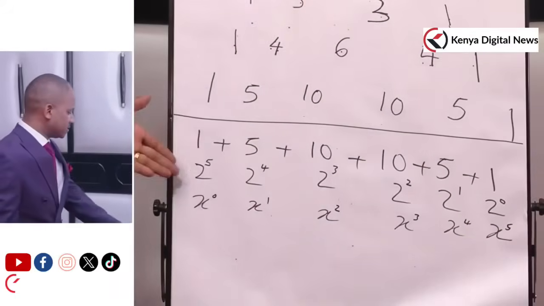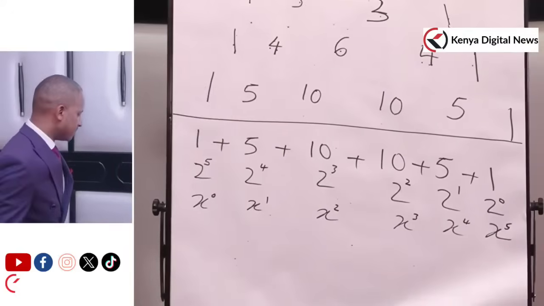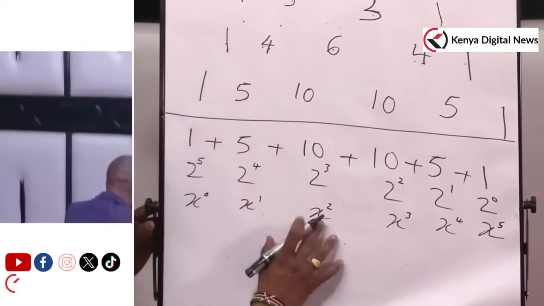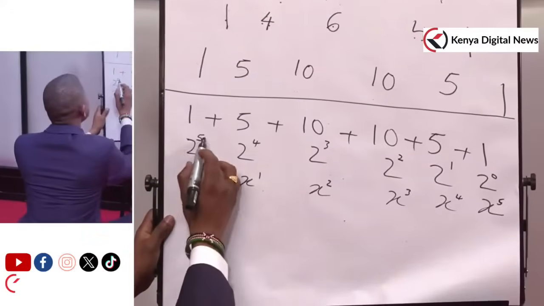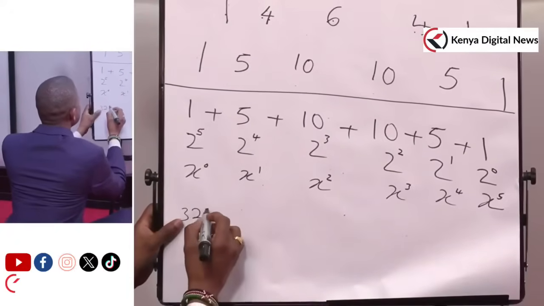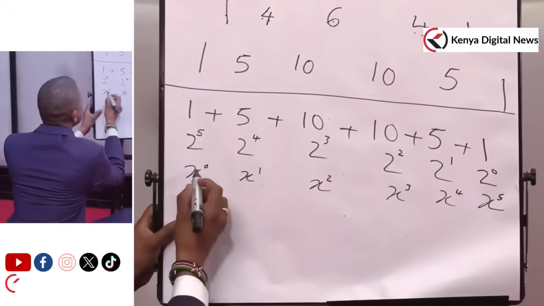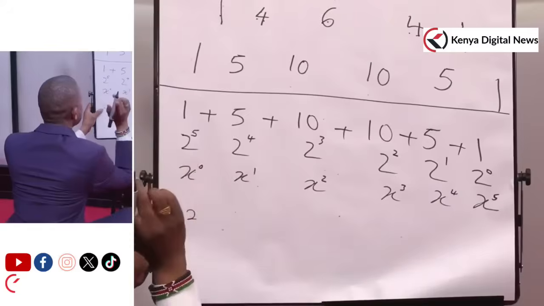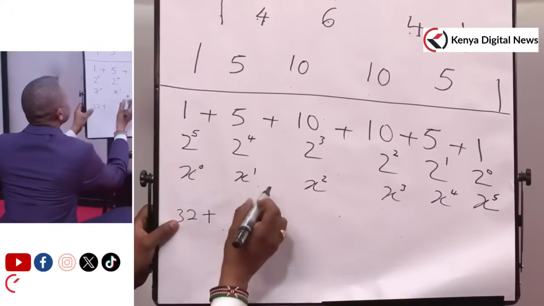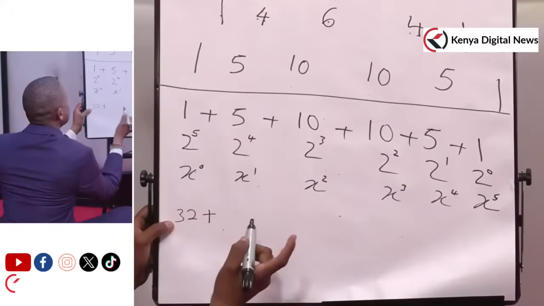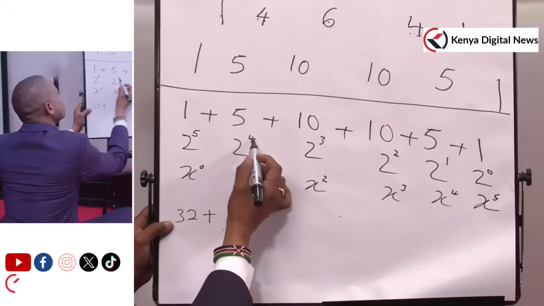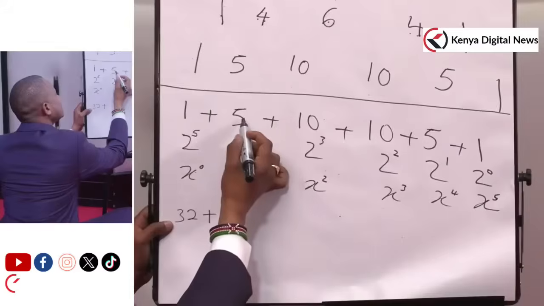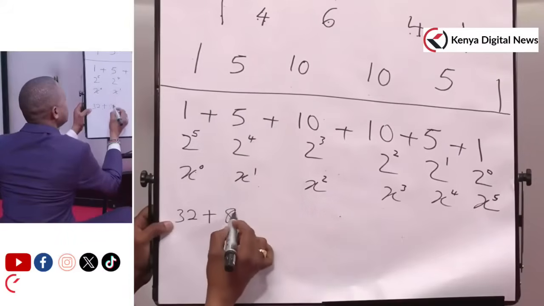So when you do this, you just simply multiply them. So when we multiply this, what do we get? 2 raised to power 5 is 32. But this is x raised to power 0, which is 1. Any number raised to power 0 is 1, we said yesterday. Plus, now 1 times 32 is 32. 2 raised to power 4 is 16. 16 times 5 is 80.